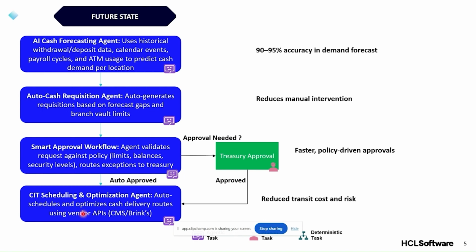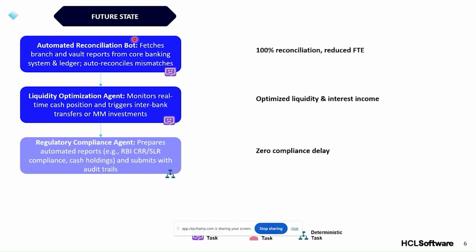And finally we would also have a CIT request raised and a booking made for the cash van. The cash delivery routes would also be optimized using the vendor's APIs. Then the reconciliation of the vault would be done at the end of the day from the core banking system and the ledger, and all the mismatches would be reconciled automatically.